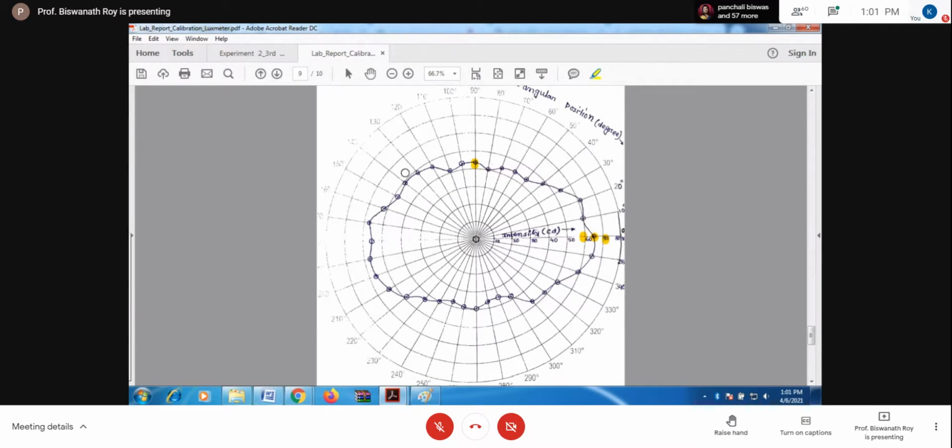So what observation can you have out of this graphical presentation? For 0 and 180, the intensity value is relatively higher than in the 90 and 270 directions. Right. Another observation, the first observation is that the intensity is not constant for all directions.